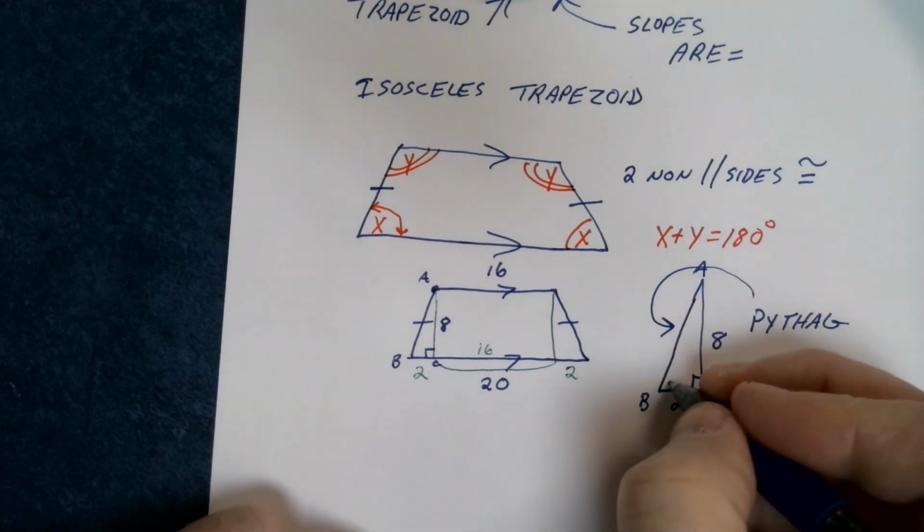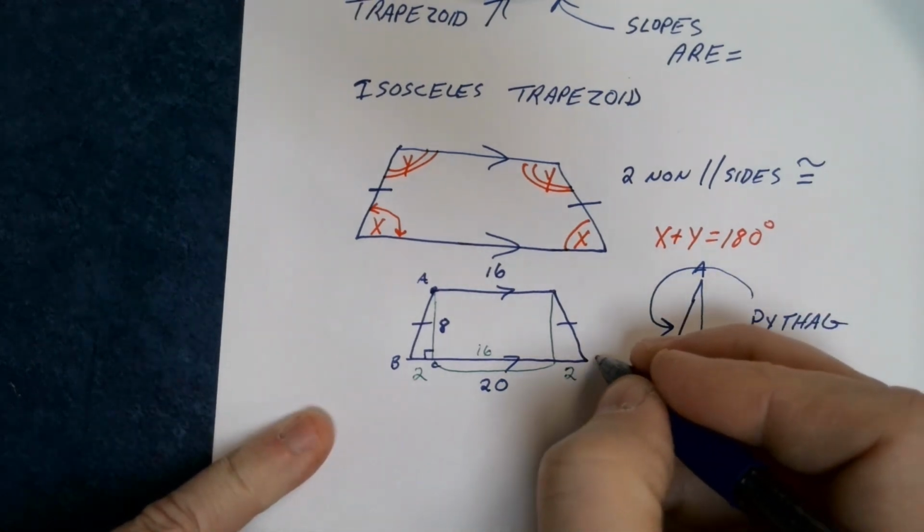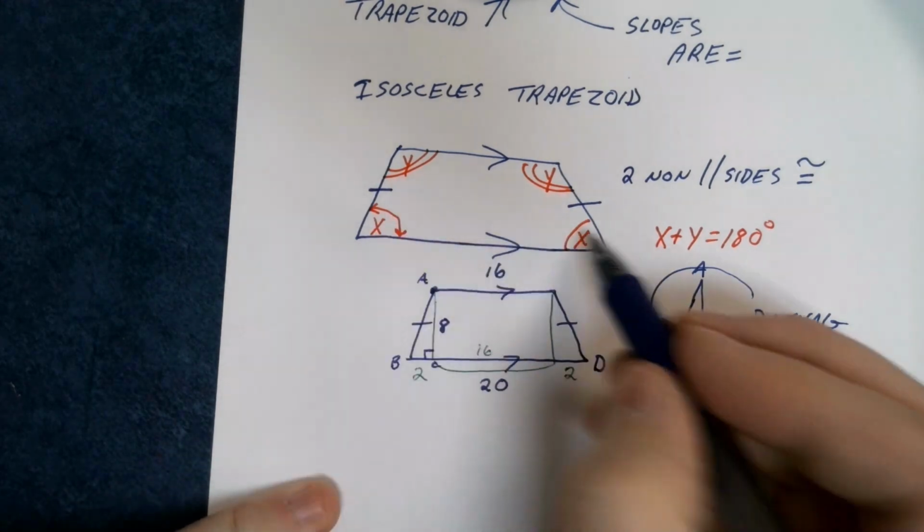I could also find out this angle B, which would also be this angle D way over here on this side because those two angles have to be the same.